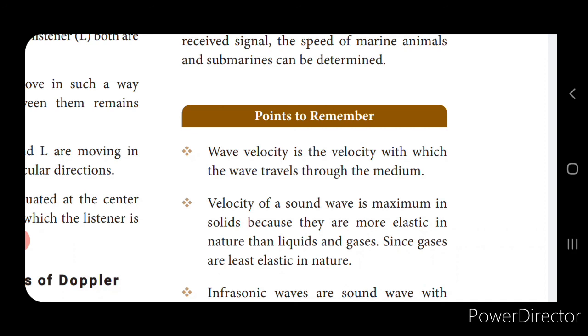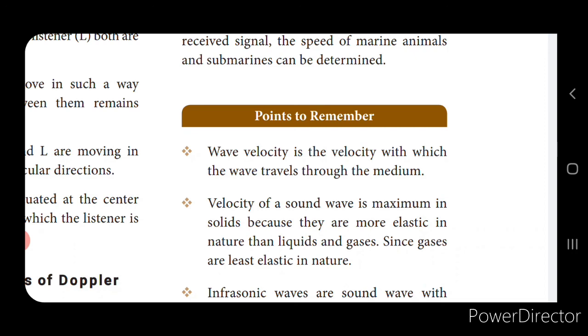Then we dealt with the echo, applications of echo, and the Doppler effect. We said that there are expressions for the apparent frequency due to the Doppler effect, and there were 8 cases, each with a different formula. In the next class we'll be dealing with the numerical problems, both the solved problems, that is the in-text questions, and also the book back solutions.